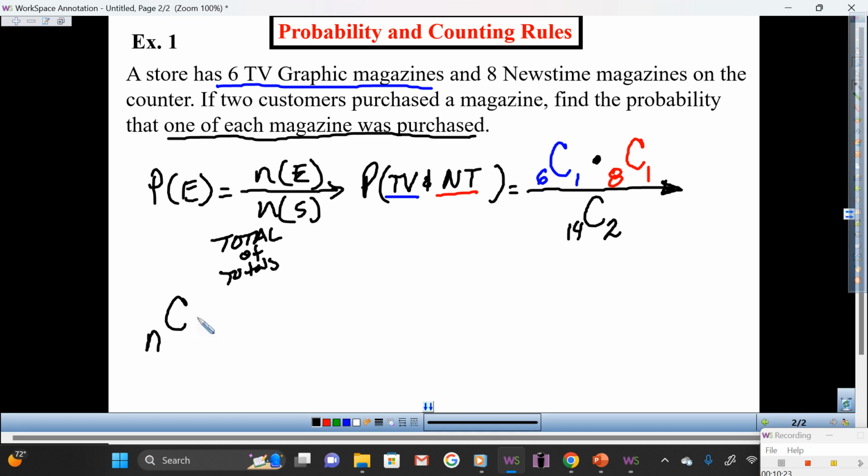NCR, okay. Factorial then. That is correct. So you use that for each of these, and then on the numerator, you multiply whatever you get for the TV, and then for the news time, and let's see what that gives. Copy and go.